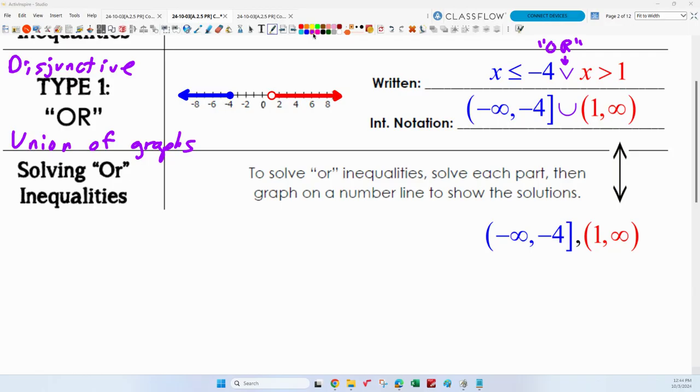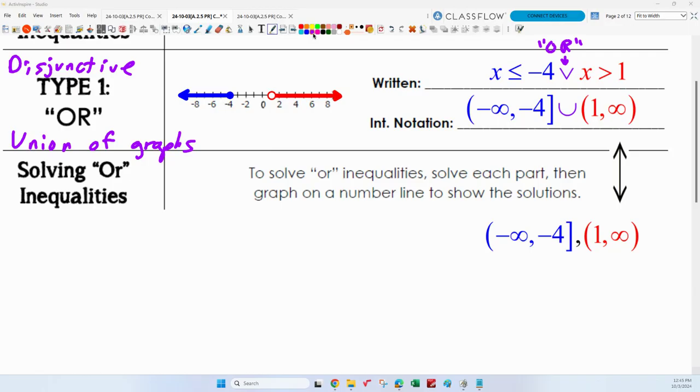If we graph the blue inequality, x is less than or equal to -4, isn't it just that one right there? Right? We got a closed endpoint at -4. Why is it closed? Everybody, why is that closed? Okay, because it includes equals, so it's closed. And we want the values less than, meaning left of, -4, so that's it.